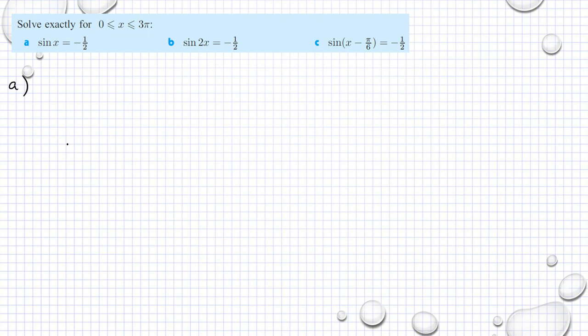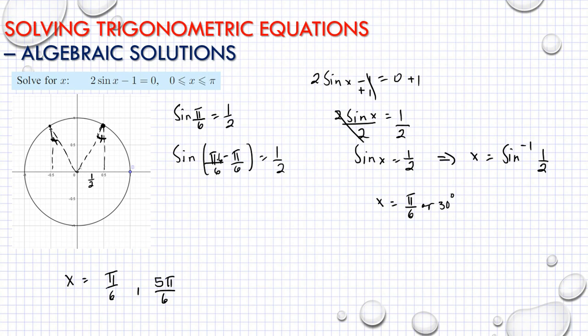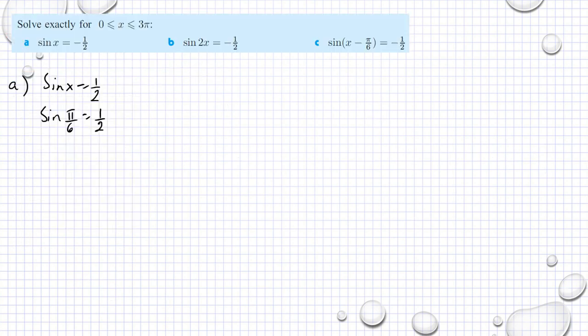We know that sine x is equal to 1/2. Sine pi divided by 6 is equal to 1/2. That is our first example here. We know that, that's special.